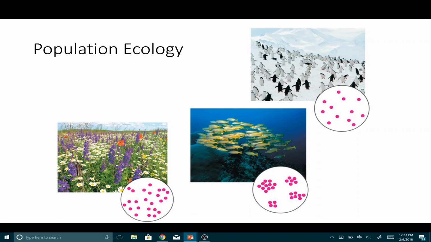And then lastly, we have random distribution or dispersion here, because wildflowers and a lot of plants have a random dispersion pattern.